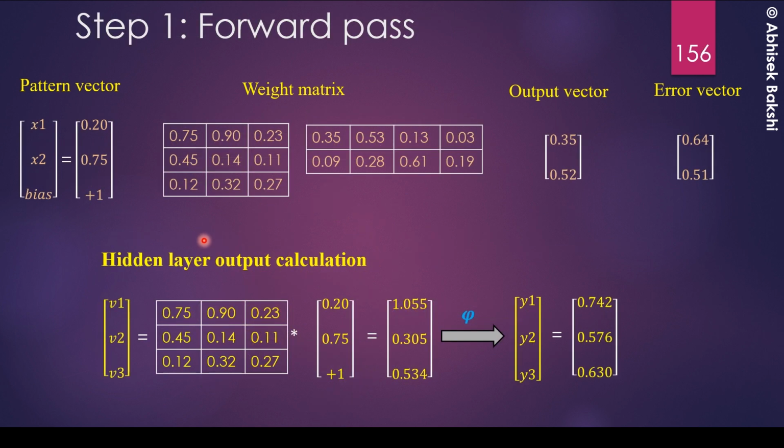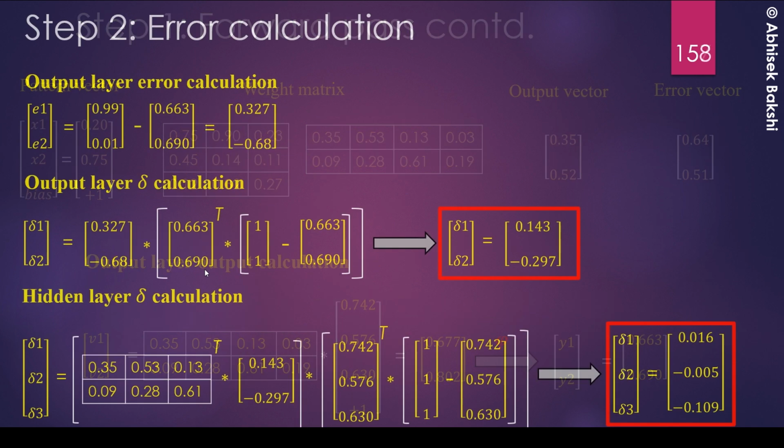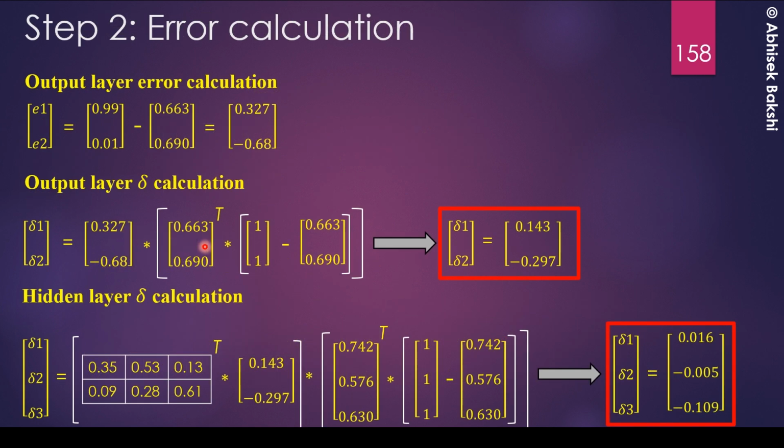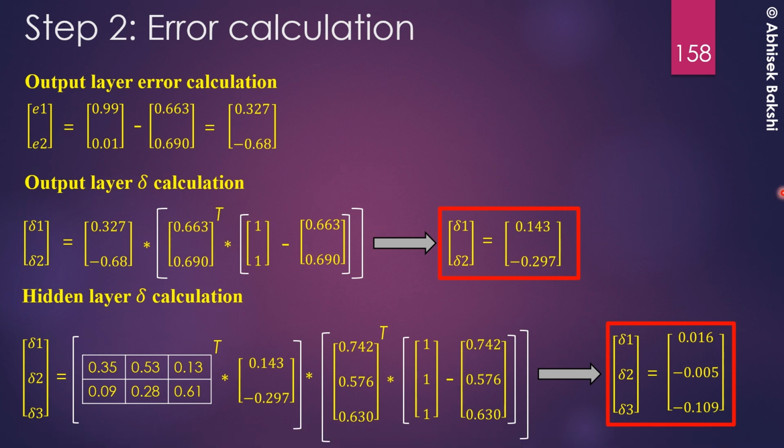If you look into this delta calculation part, it is given just by this calculation. So you see that delta 1 and delta 2 we have calculated in parallel by this simple matrix calculation. So we have got the deltas of the output layer.